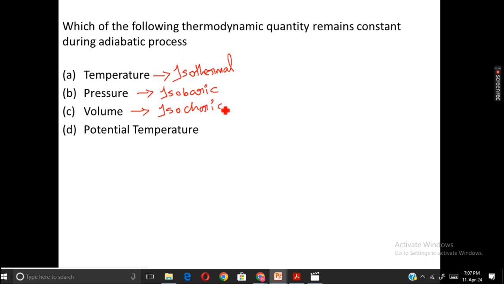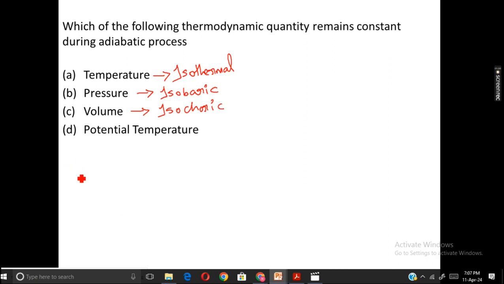So these are the different processes in which these quantities remain constant. Now the only option that is left is potential temperature. So during an adiabatic process, potential temperature is the quantity that remains constant.